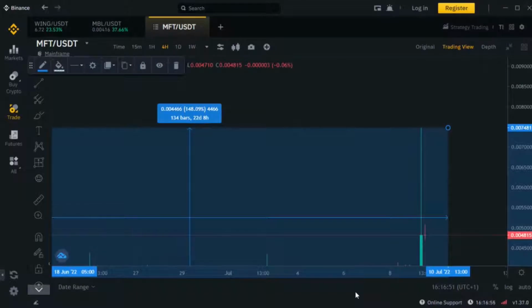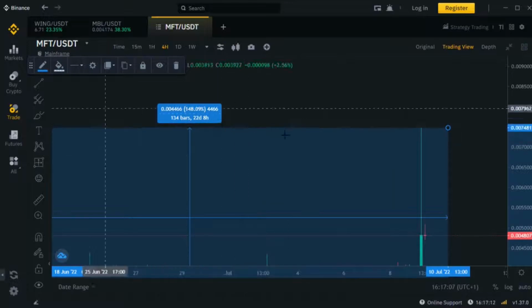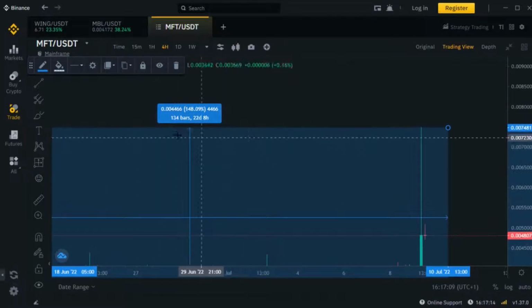So as you can see on the candlestick price chart data, the most current bullish trend section of the MFT USDT cryptocurrency pair bounced up by approximately 148% in a span of 21 days, 12 hours. Which is an amazing bounce already. The question is, how much money can you potentially make as profit going long on this bullish trend section?